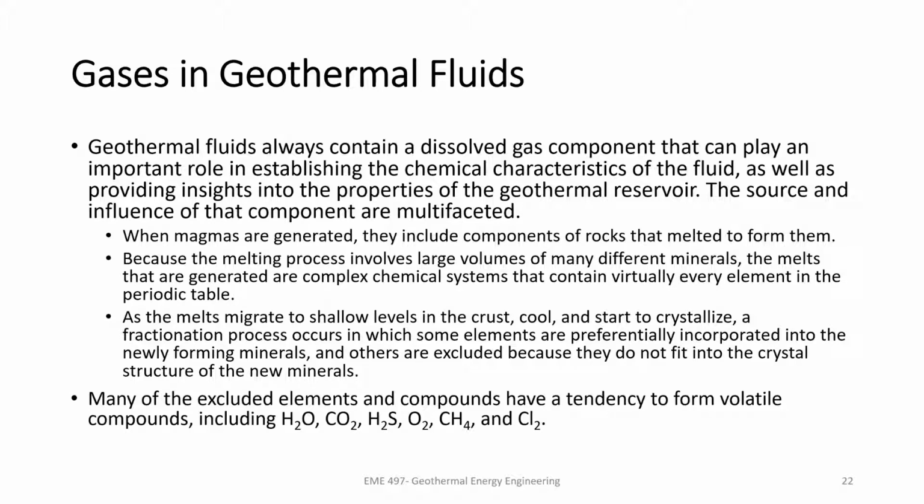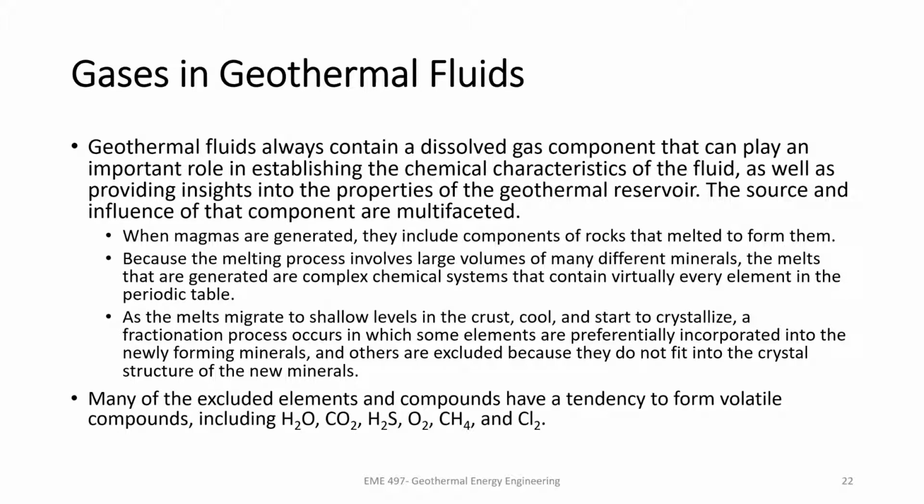When magmas are generated, usually many kilometers underground, they include components of the rocks that melted to form them. Because the melting process involves large volumes of many different minerals, the melts that are generated are complex chemical systems that contain virtually every element in the periodic table.